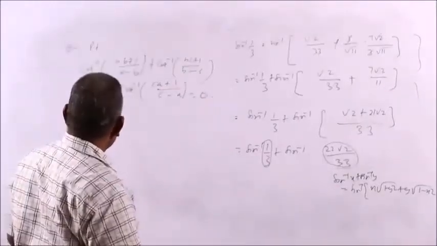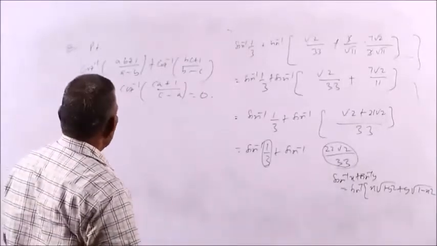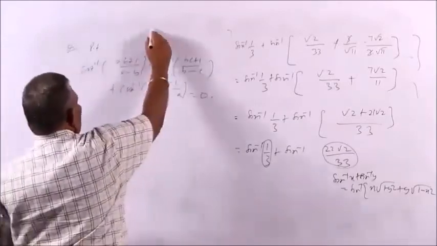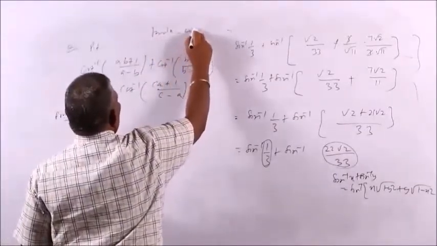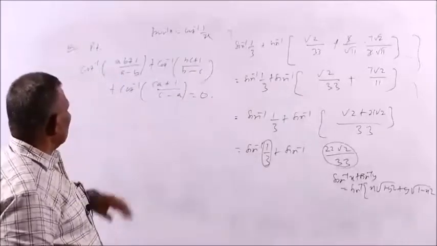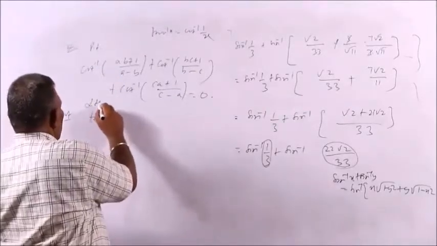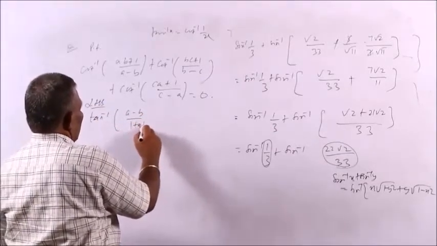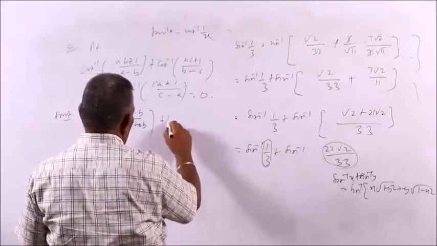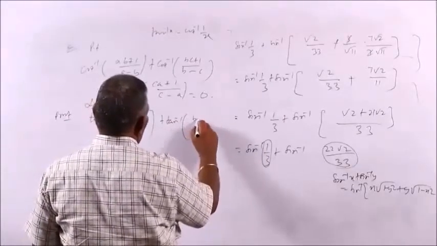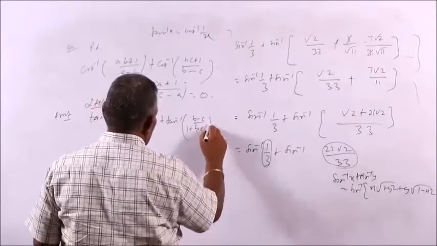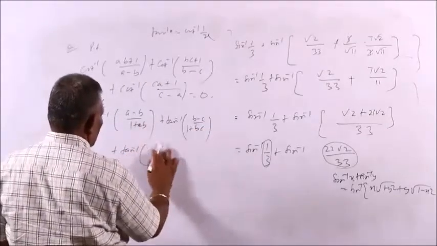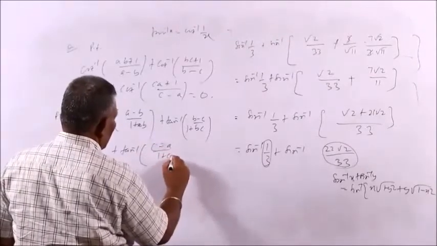To solve this problem, let us reduce the quantities in LHS into tan inverse form, as tan inverse x equals to cot inverse 1 by x. So first term of LHS can be written as tan inverse A minus B by 1 plus AB plus tan inverse B minus C by 1 plus BC plus tan inverse C minus A by 1 plus CA.